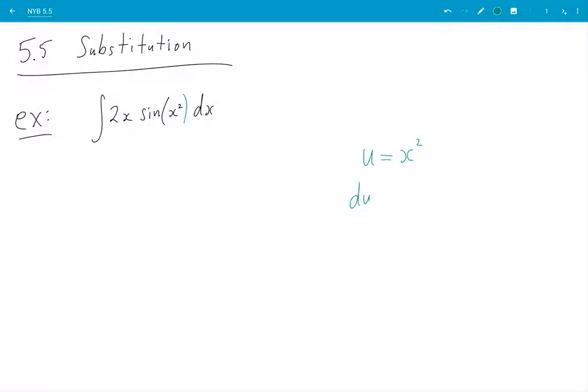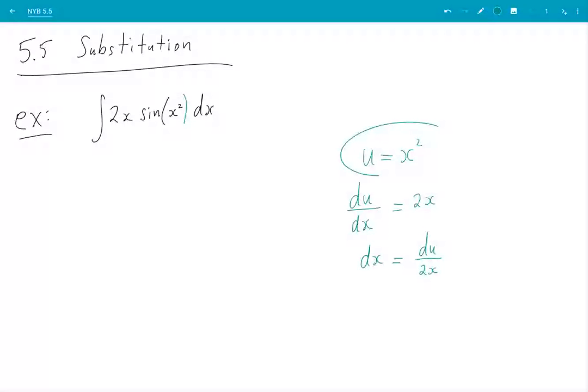The next step is to take a derivative. And then finally, I will solve for dx. Okay, recap. Choose inside function, take a derivative, and then solve for dx.